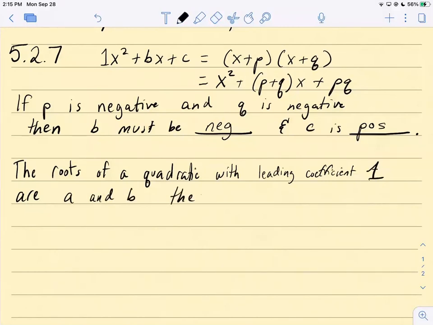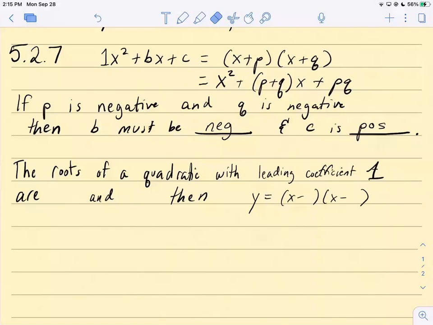then the quadratic can be written as y equals (x minus a) times (x minus b). Let me change it up to p and q.